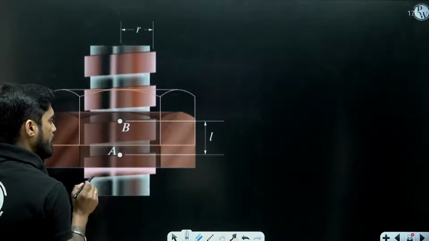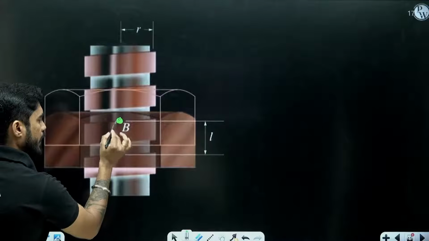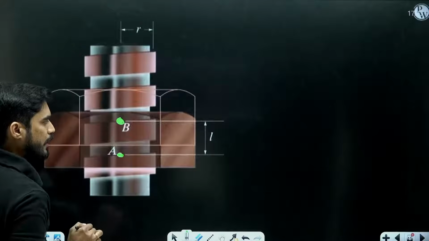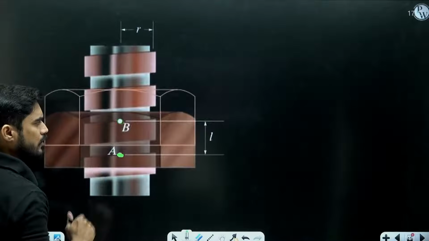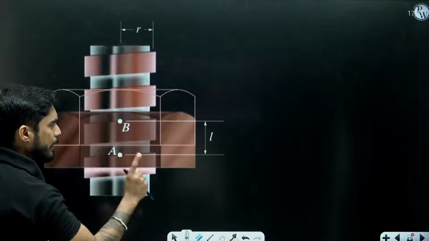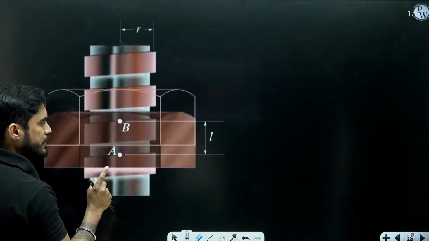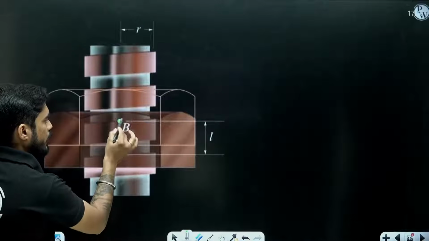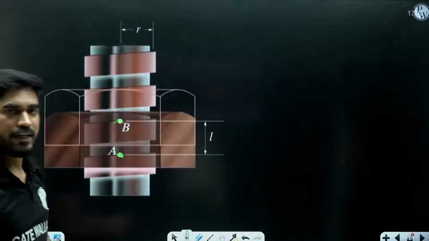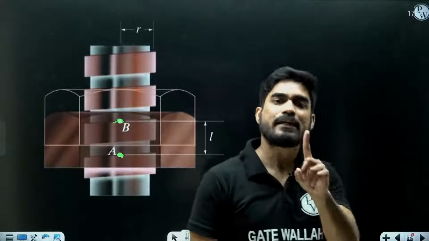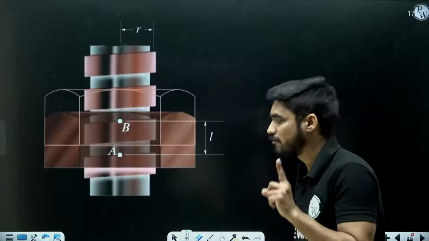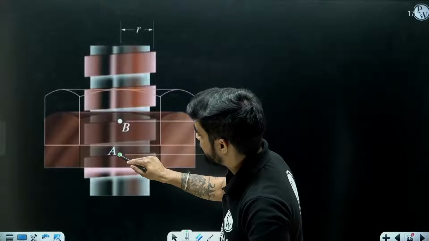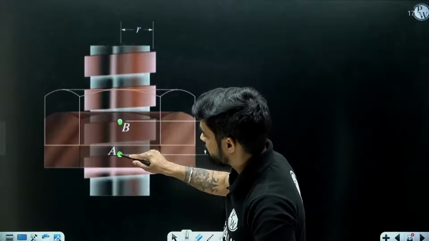Now consider two points A and B on the adjacent thread. We need to find out how much effort we need to apply to move this from here to here. We need to give it one complete rotation, right? So we are moving the screw from here to here.